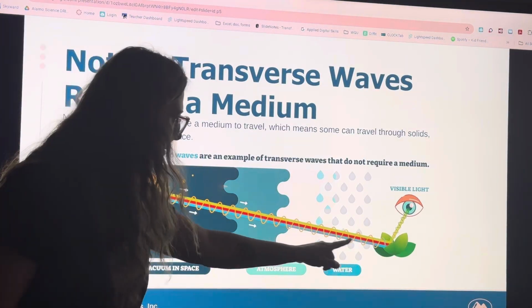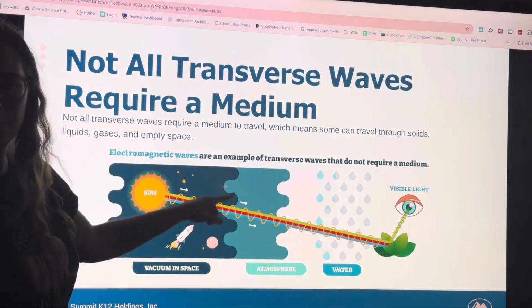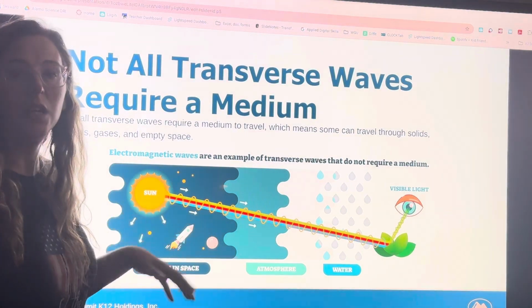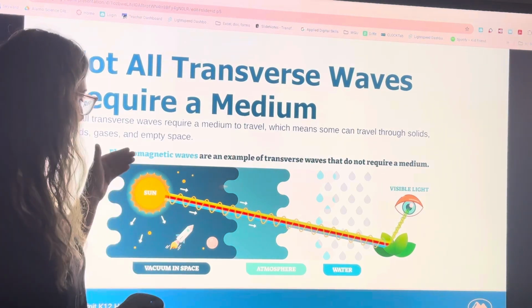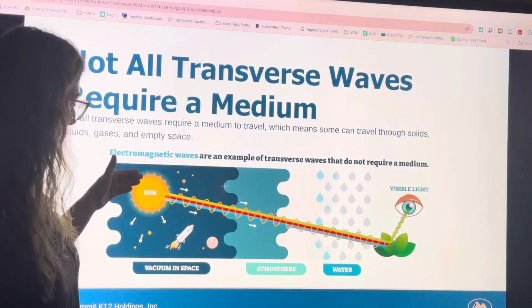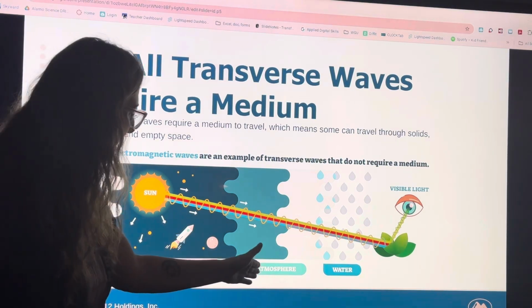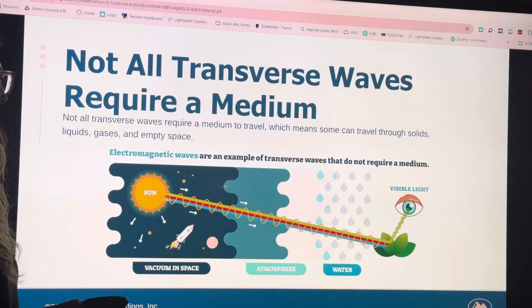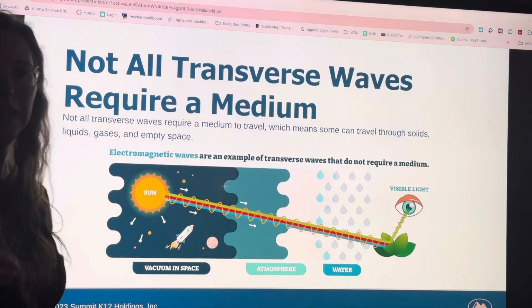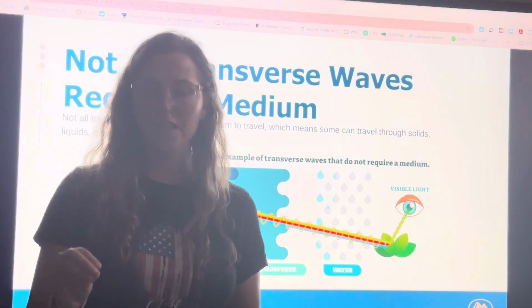There's no medium in outer space. We don't have gravity. We don't have air. There's no oxygen. So it goes through the vacuum in space, our atmosphere, and water. Visible light. That's what electromagnetic waves are.